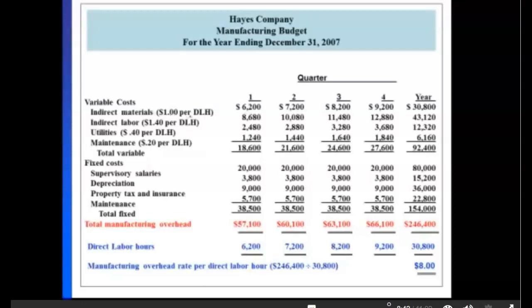Indirect material is $1 per direct labor hour, so it's 6,200. Indirect labor is $1.40 per direct labor hour, and this direct labor hour, of course, comes from the direct labor budget. In this way, we build the variable costs, and the fixed costs are going to remain fixed over that range of activity each quarter. And in that way, we have built the manufacturing budget.